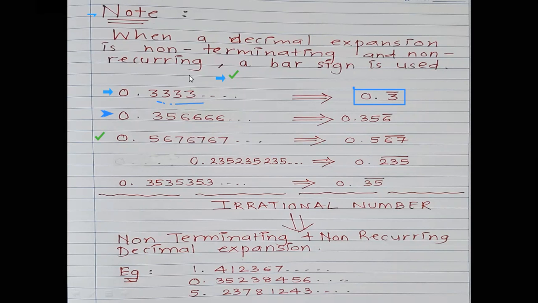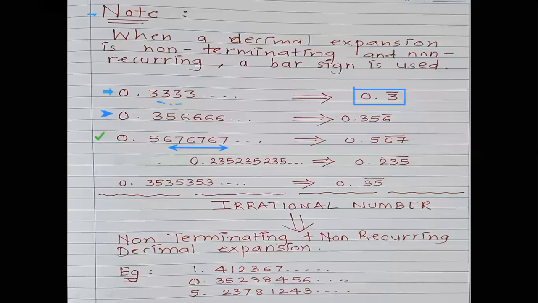0.56767767. Can you observe which one is getting repeated? Yes, the number 67. Over here, you can closely observe that 6 and 7 get repeated continuously. Let me mark it for you so that you are able to understand it. So, in 0.56767, 67 is a number that gets repeated continuously.